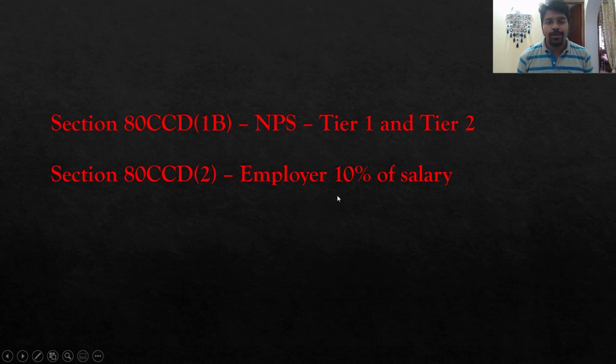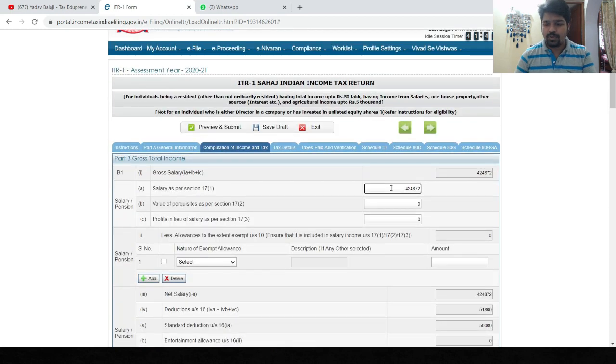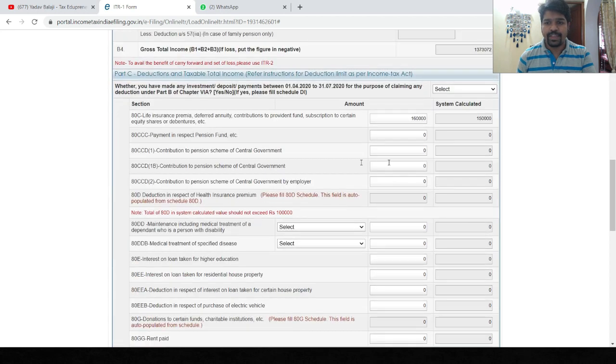And section 80CCD(2) is related to the National Pension Scheme only. Here your employer will contribute, and he can contribute up to 10% of your salary. What do I mean by 10% of your salary? Let me show you. Suppose the salary is 14,28,000. Under 1B, I can invest up to 50,000. So if I invest 60,000 also, we are eligible for 50,000 only.